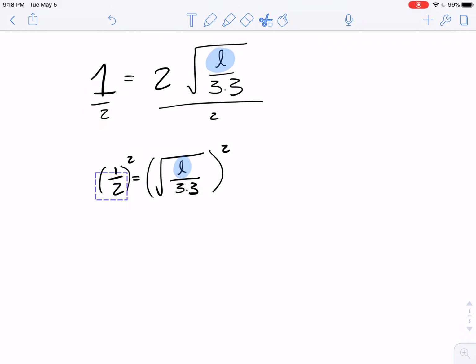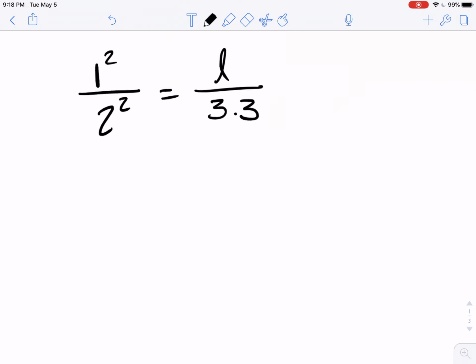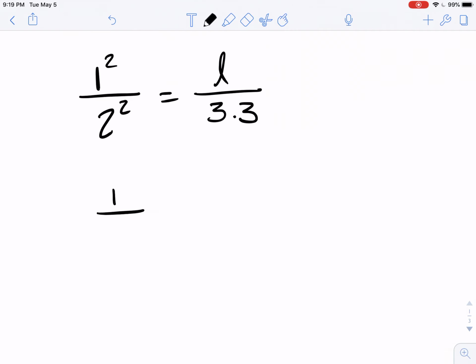If we have a fraction squared, that's the same thing as the numerator squared divided by the denominator squared. And on this side, the square and the square root cancel out. So that leaves us with just L divided by 3.3. Now 1 squared is 1, and 2 squared is 4. So we have 1/4 equals L over 3.3.